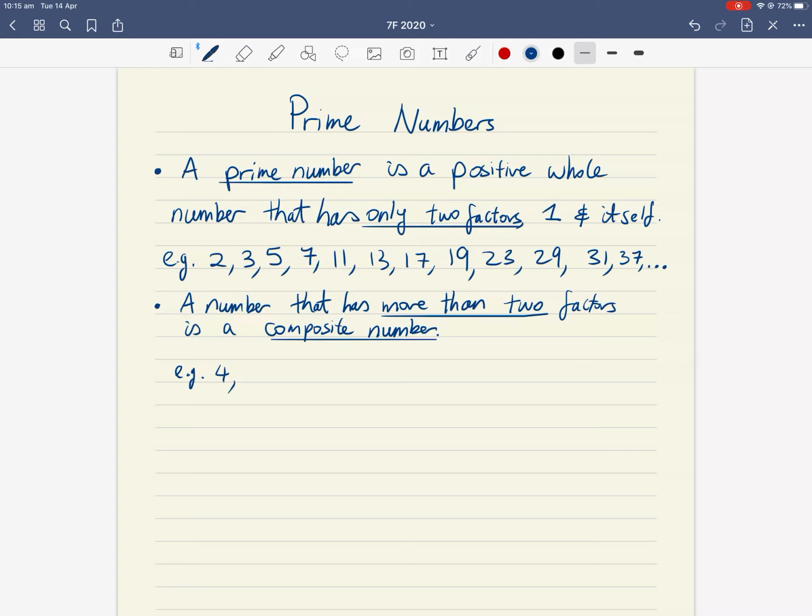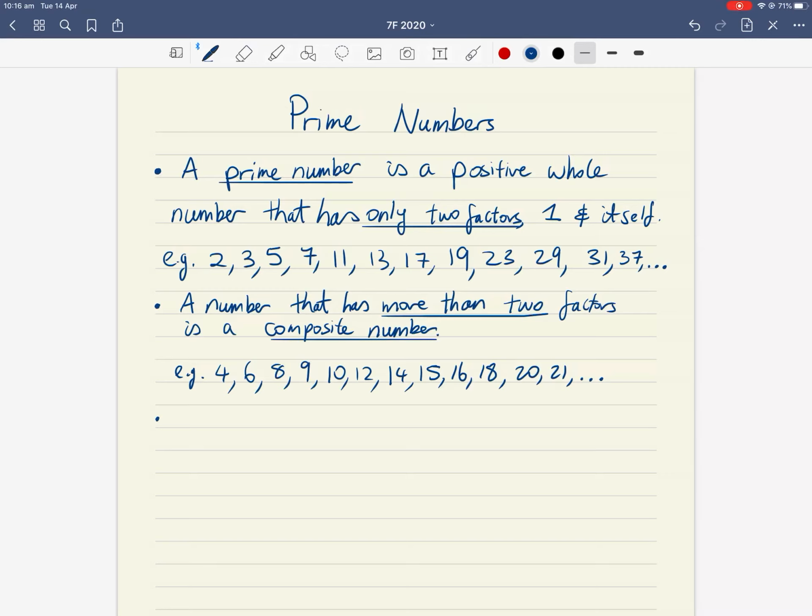So 4, 6, so essentially any even number not 2 is a composite number because 2 is always a factor. 2, 6, 8, 9 because 3 times 3 is 9, 10's even, 12's even, 14, 15 is also composite because 3 times 5 is 15, so that gives us 4 factors of 15: 1, 3, 5, and 15 itself. 16, 18, 20, 21 because 3 times 7 is 21, etc. and the list goes on forever.